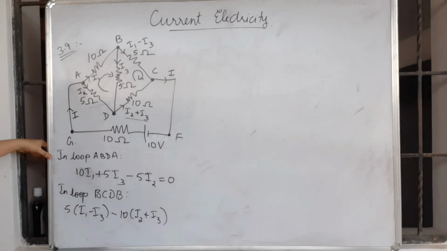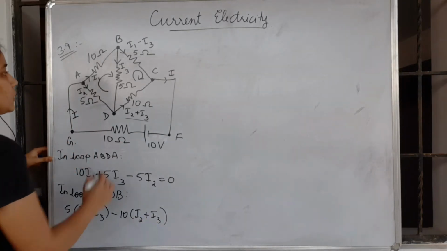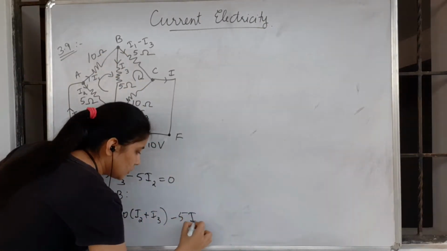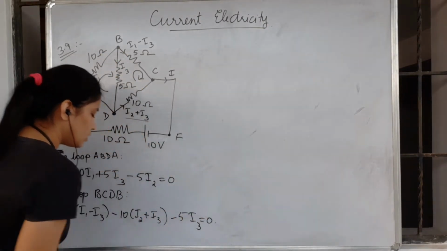Then minus 5 I3, because this one is also taken in the opposite direction, so minus 5 I3 is equal to 0.